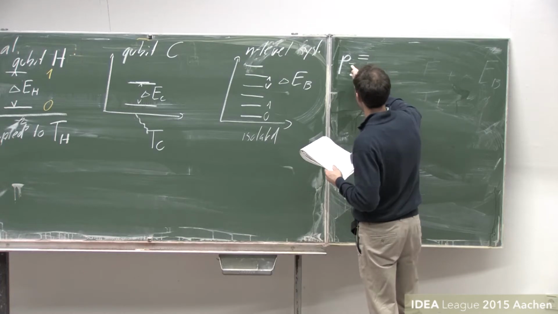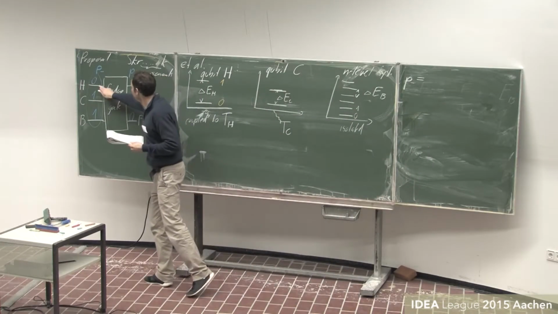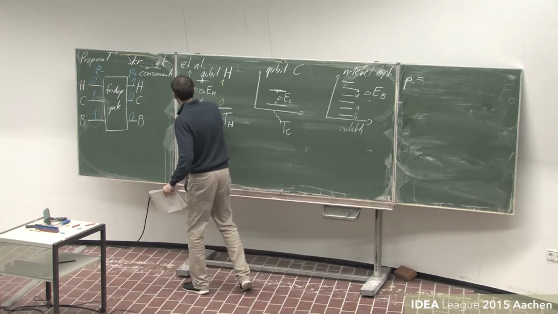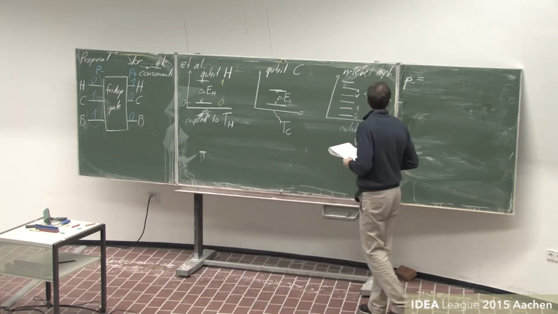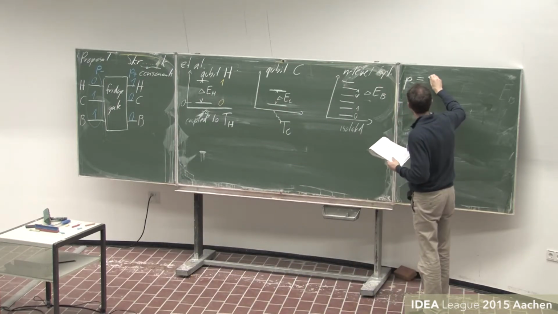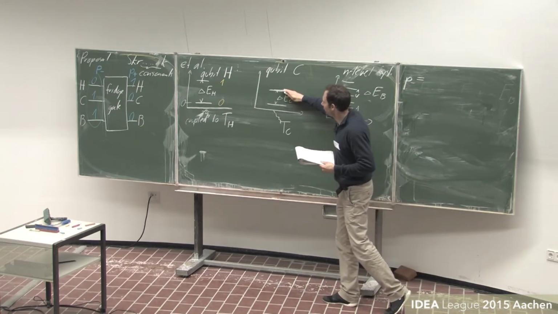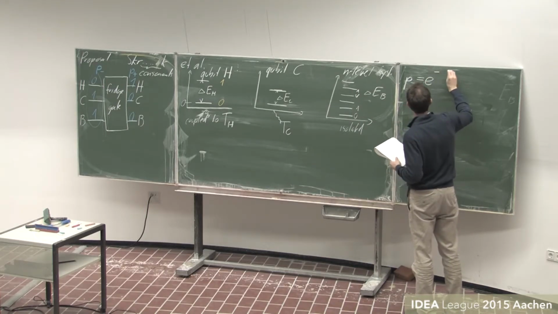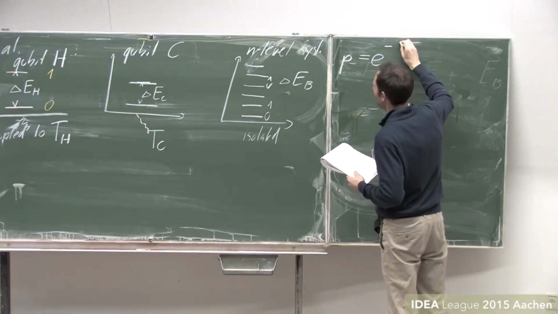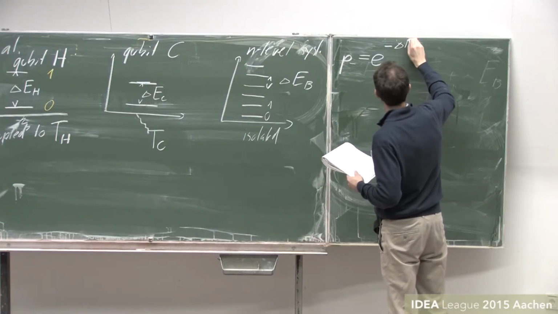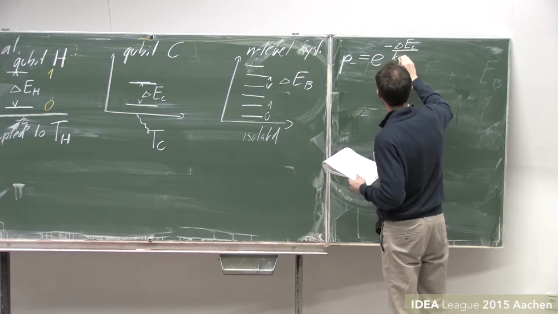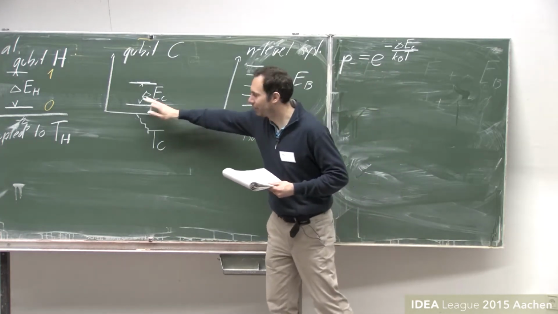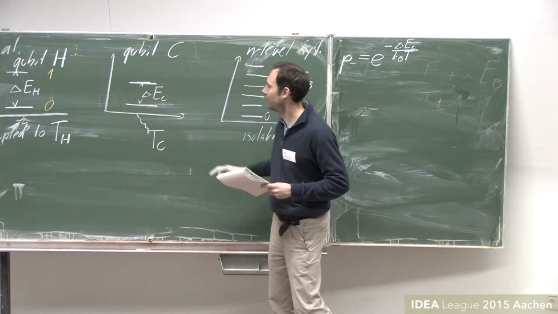P minus means the hot reservoir is essentially in the ground state. Let's again assume that this energy is 0, to simplify the notation. So this will just correspond to a 1 in this formula, times the probability that this cold one is in state 1. We'll get a contribution of the type e to the minus ΔE_C divided by k_B T. Then, if I wait long enough, these systems will be independent, because they're separately thermalized to their thermal baths.